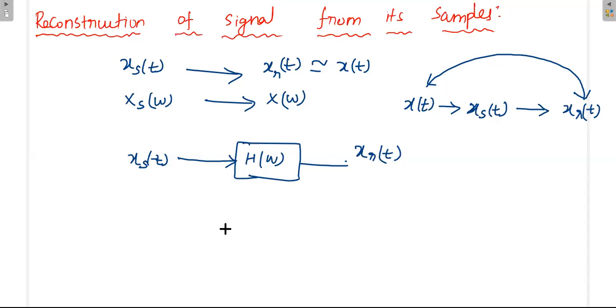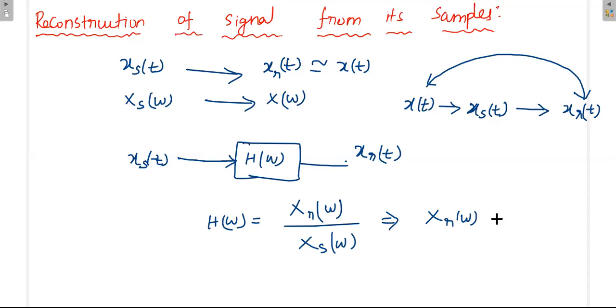Then the transfer function h of omega is xr of omega divided by xs of omega, that is, output spectrum divided by input spectrum. Or xr of omega equals h of omega multiplied with xs of omega.